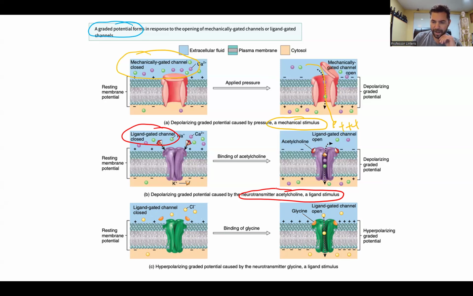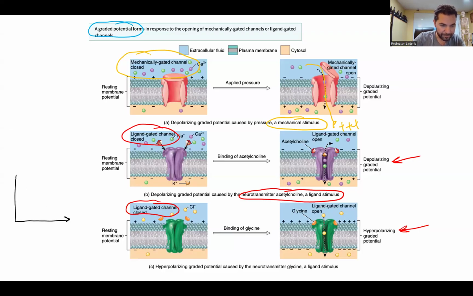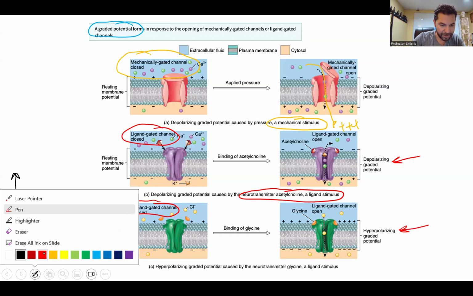Not only can you make positives come in, but you can also allow for negatives to come in. So the difference here would be a ligand-gated channel that allows for hyperpolarization. And I'll show you this chart real quick because we always come back to the chart.